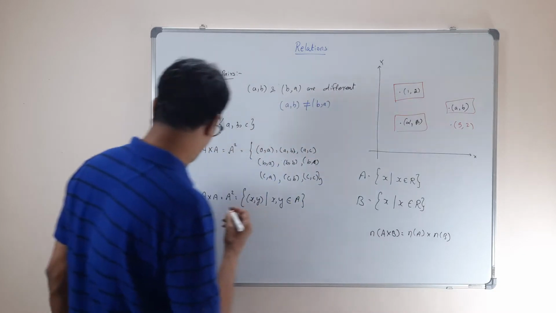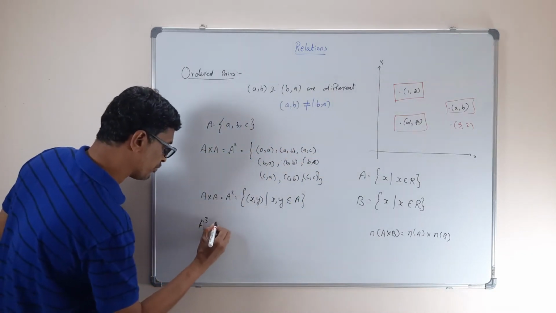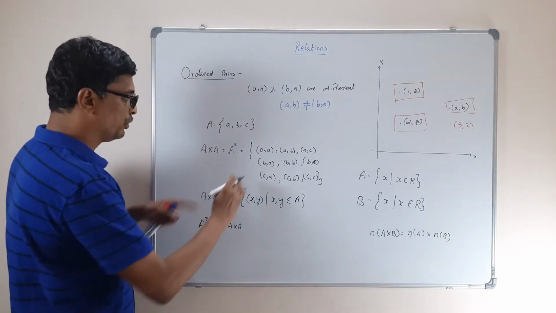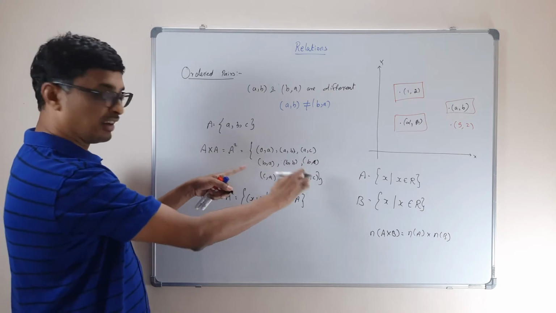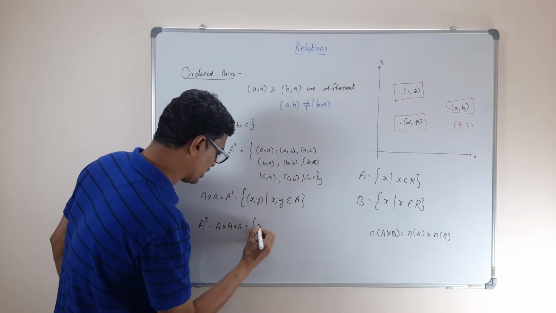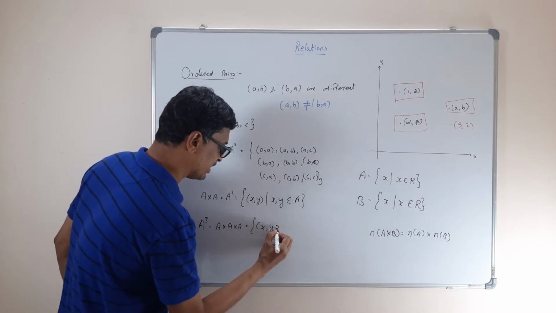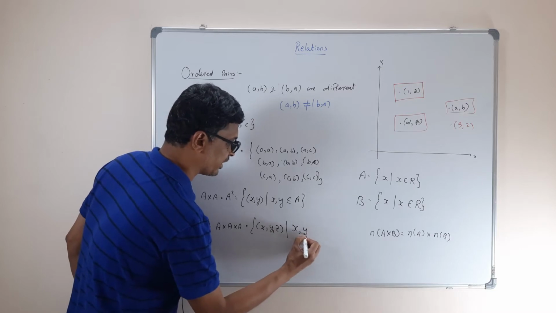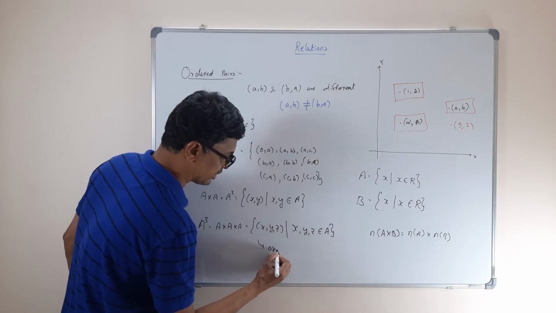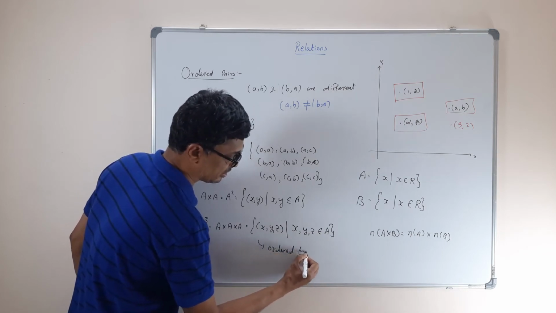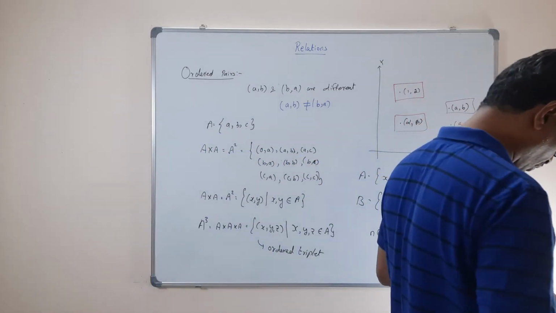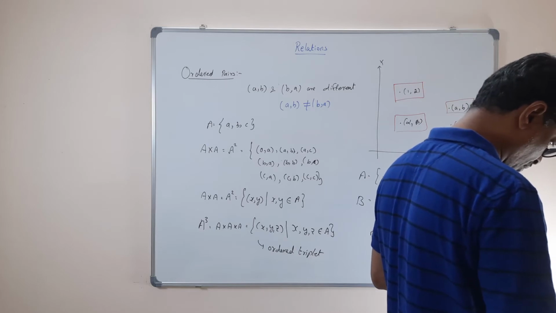When you have A cube, that is A cross A cross A, you take these elements and multiply with one more A. So this will be the set of (x, y, z) such that x, y, z are elements of A. This is called an ordered triplet.